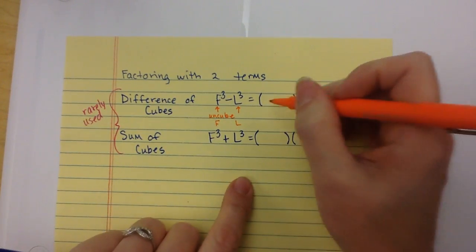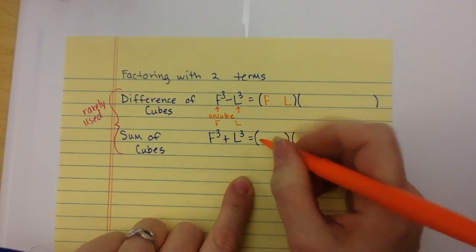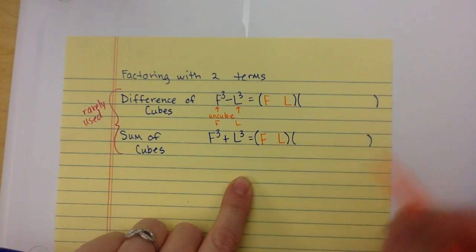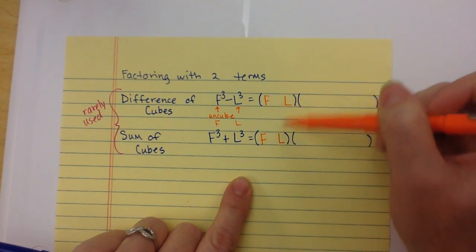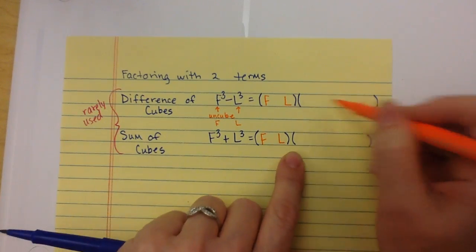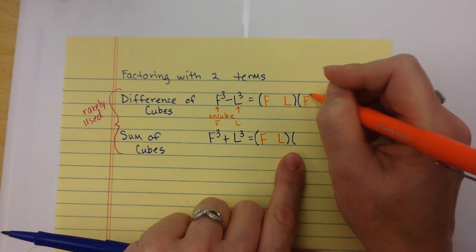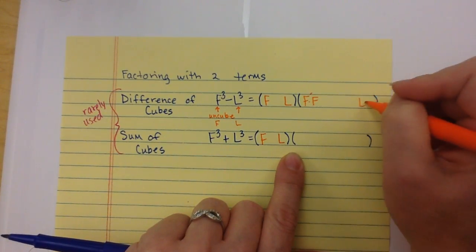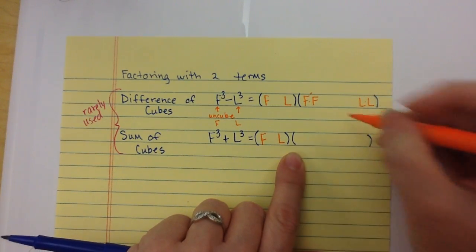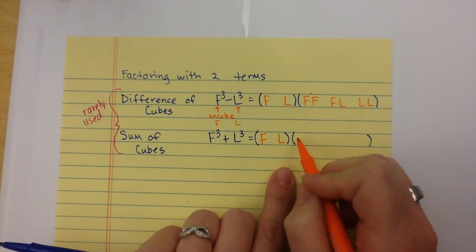And they both start with F and L. So whatever you uncubed those to get, you have a binomial with both of those in there, times a trinomial that's going to be F times F at the beginning, L times L at the end, and in the middle is going to be F times L. So those are your 3 terms.